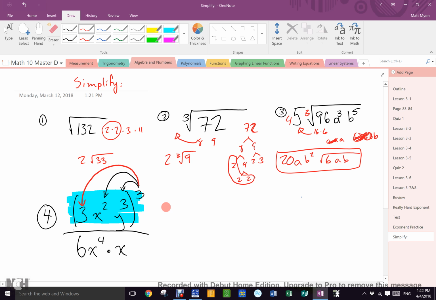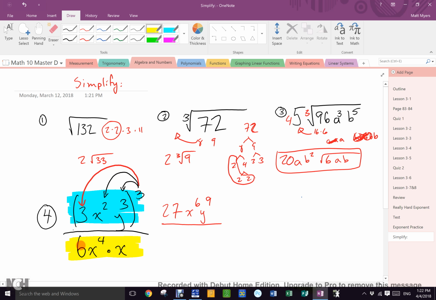Nope. 27. X squared cubed. X to the what? 6. And y to the what? 9. Excellent. Now, what can I do down there? What's ugly down there? Too many x's.